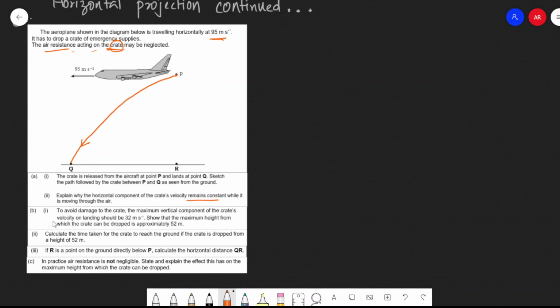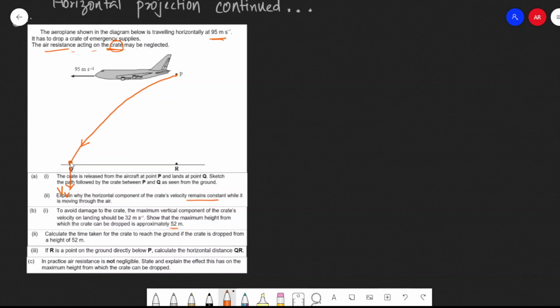Now B1: to avoid damage to the crate, the maximum vertical component of the crate's velocity on landing should be 32 meters per second. Show that the maximum height from which the crate can be dropped is approximately 52 meters. It is going to gain a vertical velocity of 32 meters per second, right here.